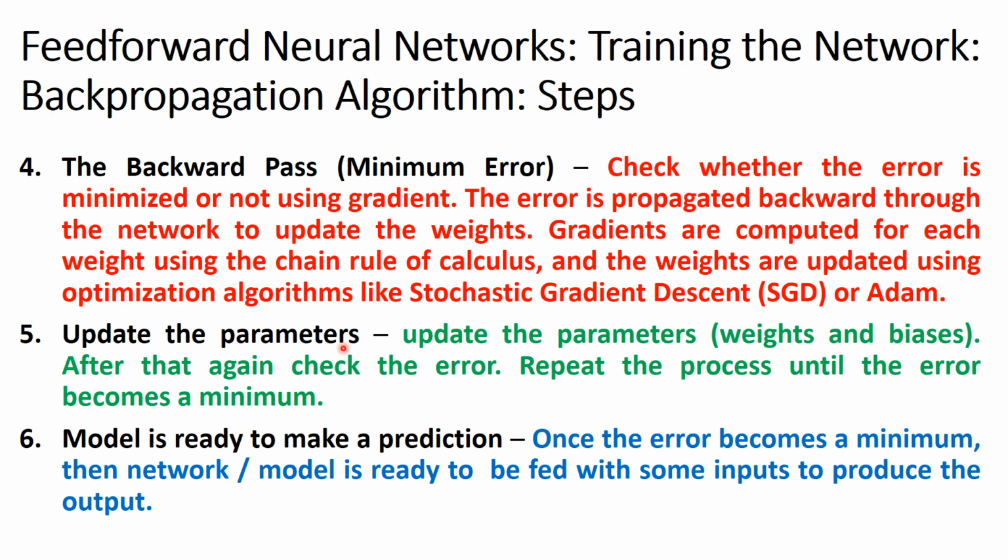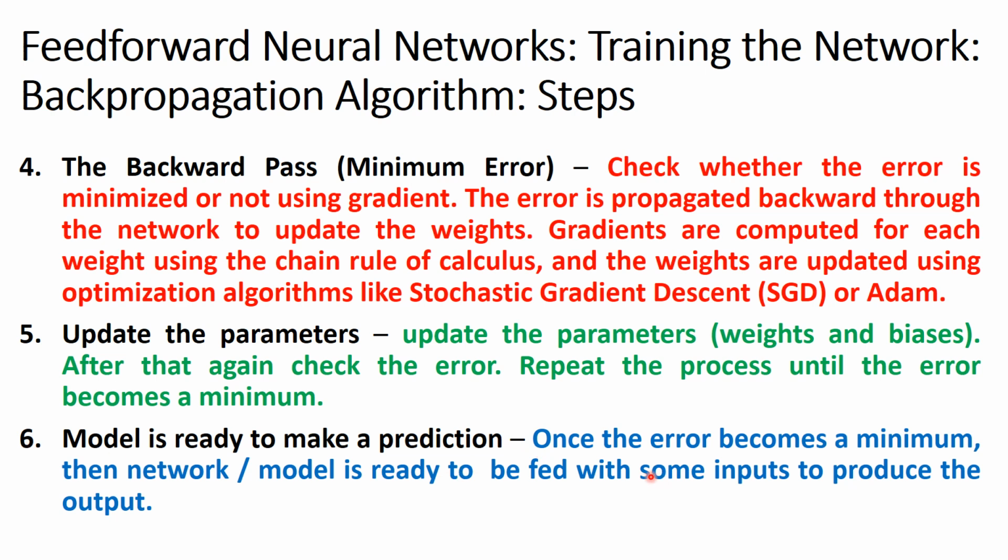يعني كأنه بعد حساب الخطأ وتعديل الأوزان بنحسب تاني الأوتبوت، تاني نشوف الخطأ ونحسب الجريدينت ونعدل الأوزان عن طريق الأوبتمايزيشن algorithms، وهكذا نحسب الاوتبوت لما نصل لمينيمم ايرور. Model is ready to make a prediction. Step number 6.